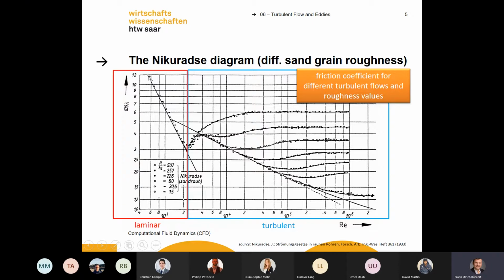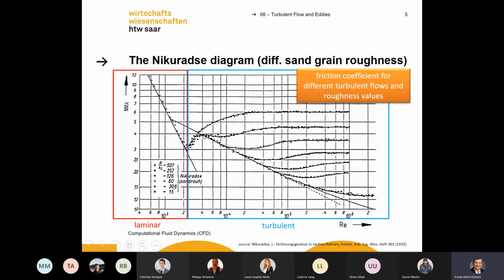Here you see the full diagram. We have the laminar region with our curve here, 64 divided by Reynolds, and the description is rather easy. But now if it's getting turbulent, the behavior, the friction is totally different.